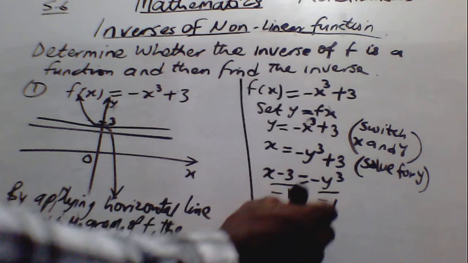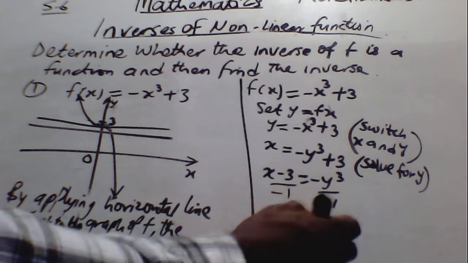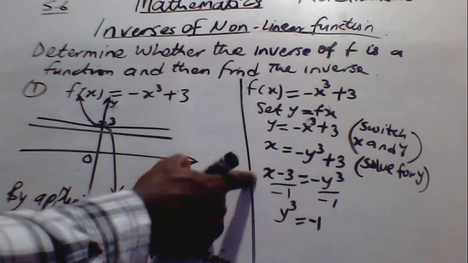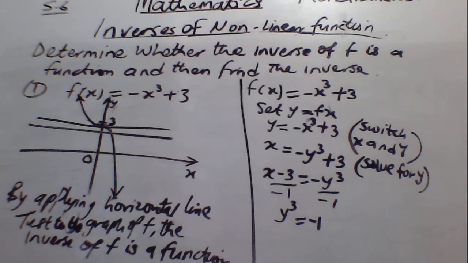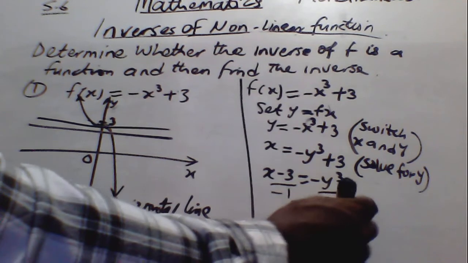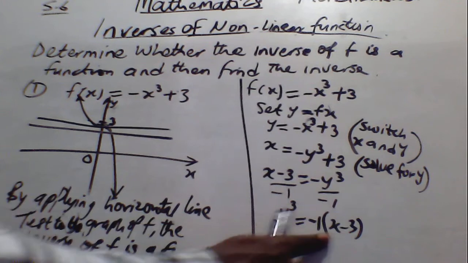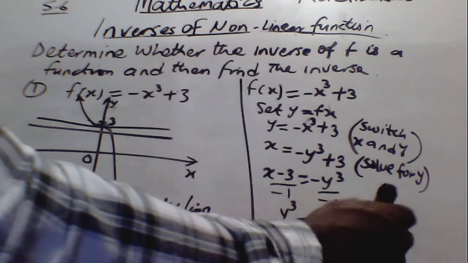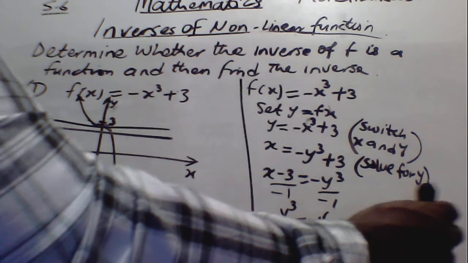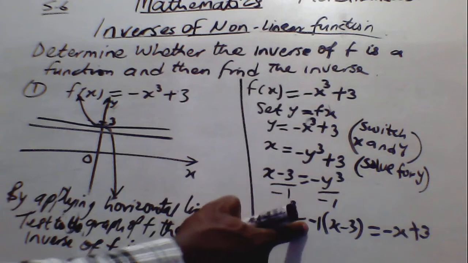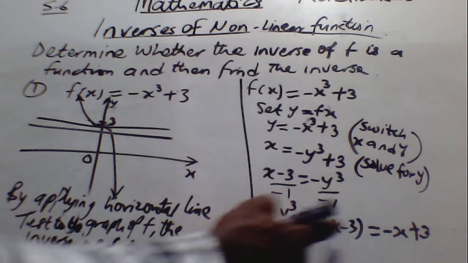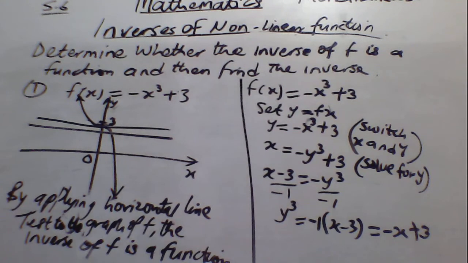This will give us y raised to power 3 equals minus 1 times the numerator x minus 3, so that when you open the bracket you have minus x plus 3. Minus 1 times x gives minus x, minus 1 times minus 3 gives plus 3. Have any question?